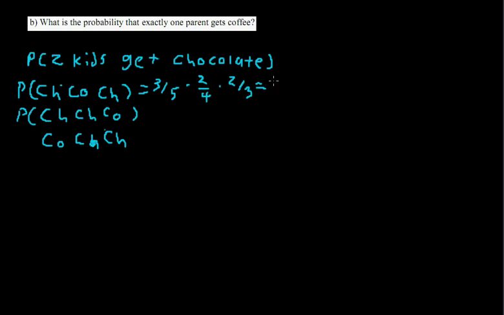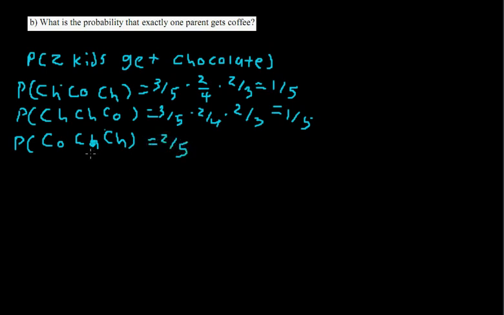This guy is 3/5 times 2/4 again, but then times 2/3 because there's two of these left at the end, so that's also 1/5. And the probability of this guy starts off with 2/5, and then he's taken one away, so now it's 3/4, and then it's 2/3, and that's also 1/5.